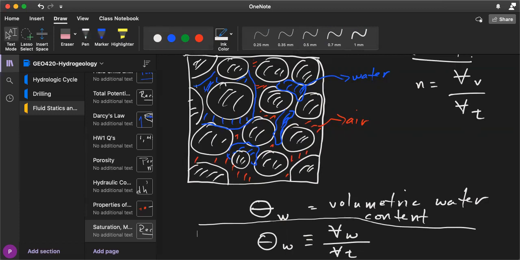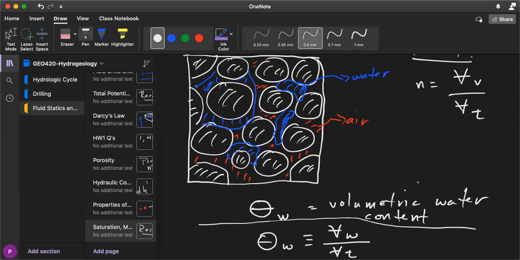What is the maximum value this volumetric water content could take? If all the volume of the voids is filled, what would be the value of my volumetric water content?